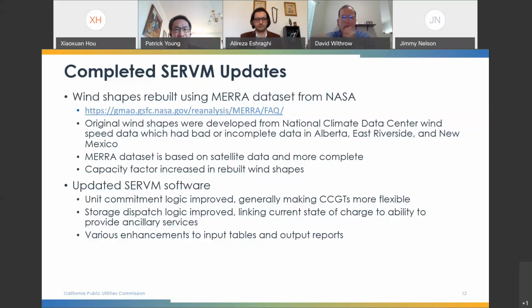With this dispatch logic update, the current state of charge for storage now caps the ability of the storage to provide ancillary services. The third group of updates to the SERVM software was just the various enhancements to the data inputs and outputs that will make it easier for us to use the SERVM model. Next slide.